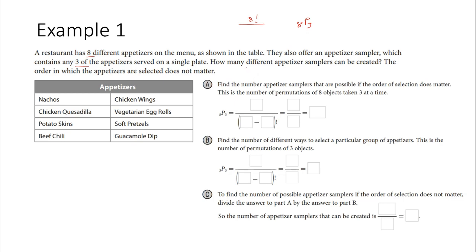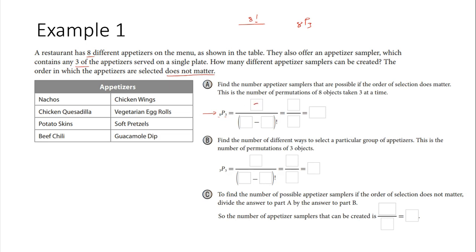So this is on a single plate. Now, how many different appetizer samplers can be created? The order in which the appetizers are selected does not matter. Aha. So instead of a permutation, we're thinking combinations. But first, let's approach this as if we were doing permutations. First things first, we have 8, but we're only picking 3.